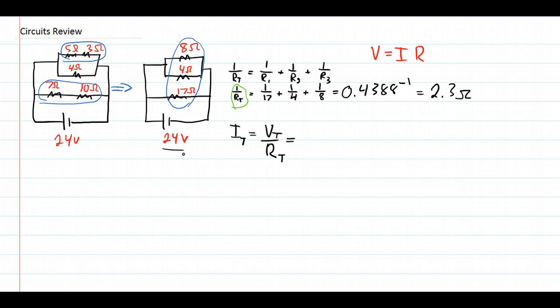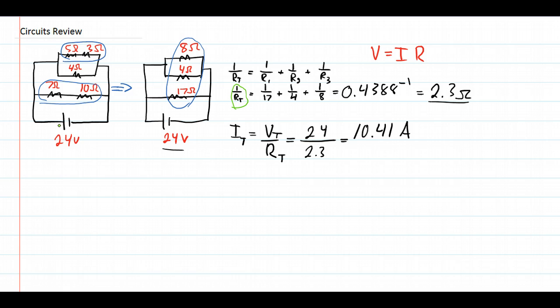So our total voltage is given by the battery as 24 volts, and our total resistance is what we just solved for, which is 2.3 ohms. So if we punch that into our calculator, we get a total current of 10.41 amps. So this is our total current that comes from the battery.